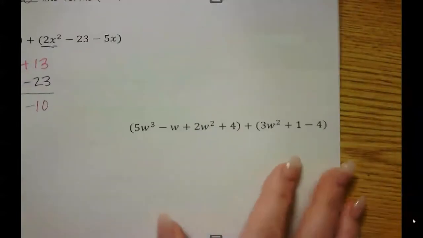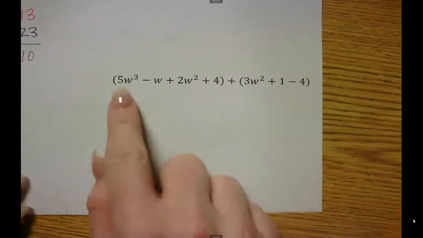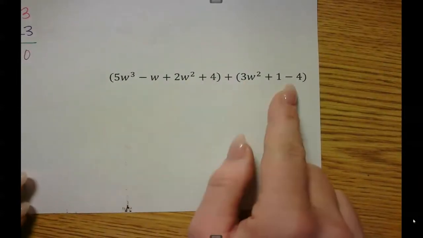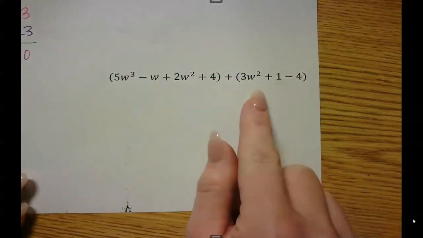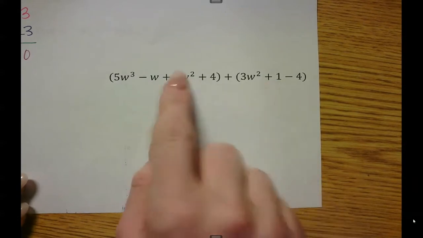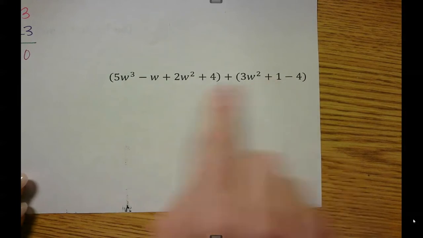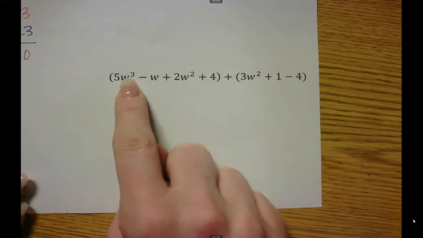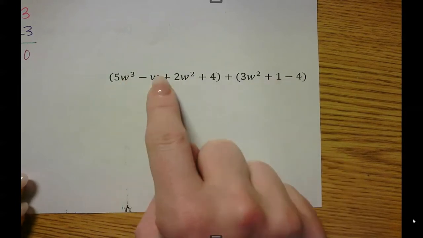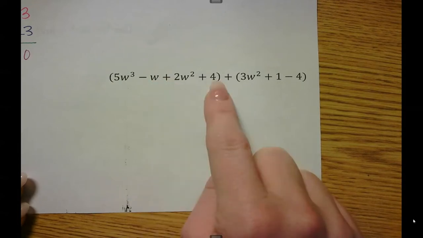Let me do one more example. Looking at our equations, we are looking for the biggest number, that's the exponent, and that is our 3. And then we go 2, and then 1, and then a number.